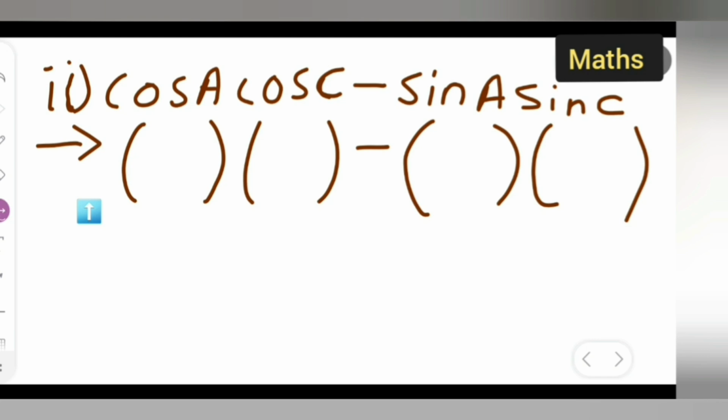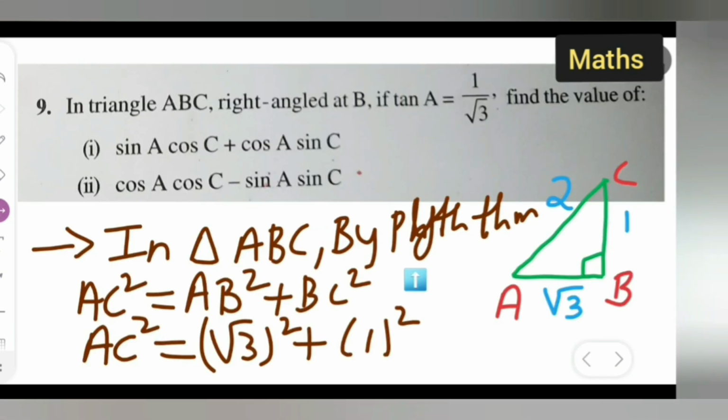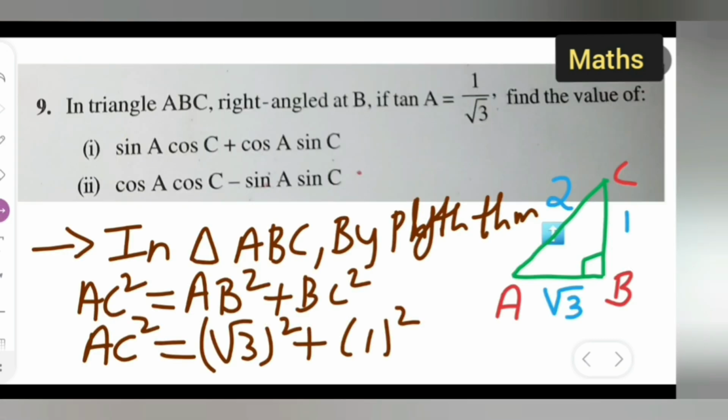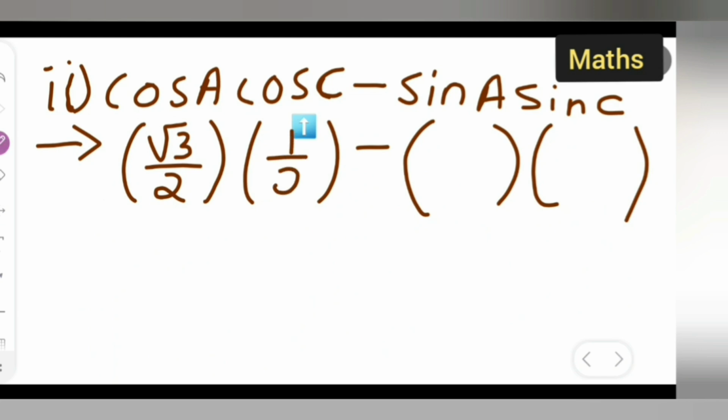We need to see. Cos A means adjacent of A is root 3 upon hypotenuse 2. So root 3 upon 2. Next we have cos C. Adjacent of C will be 1 upon 2. So write down 1 upon 2.